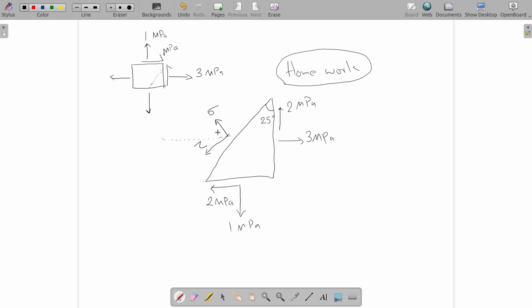This will be 25. So the only thing you need to take care of here is that you need to multiply the stress with the area to find out the force. So 3 MPa multiplied by area. So you can assume that it has a unit depth.